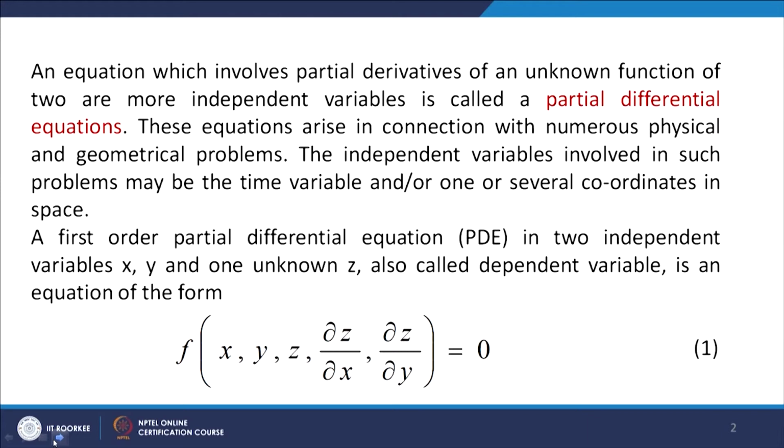The independent variables involved in such problems may be the time variable and/or one or several coordinates in space. A first order partial differential equation in two independent variables x, y and one unknown z, also called dependent variable, is an equation of the form f(x, y, z, ∂z/∂x, ∂z/∂y) = 0.